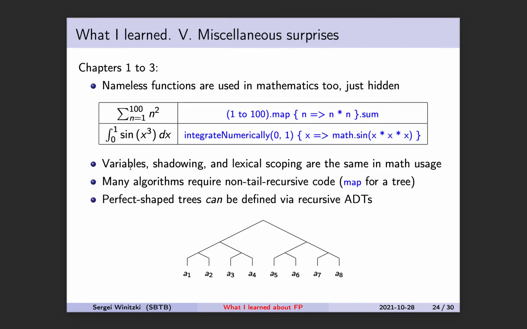From the first 3 chapters, one realization was that nameless functions are actually used widely in mathematics, but they're just not shown explicitly in the notation, they're hidden.